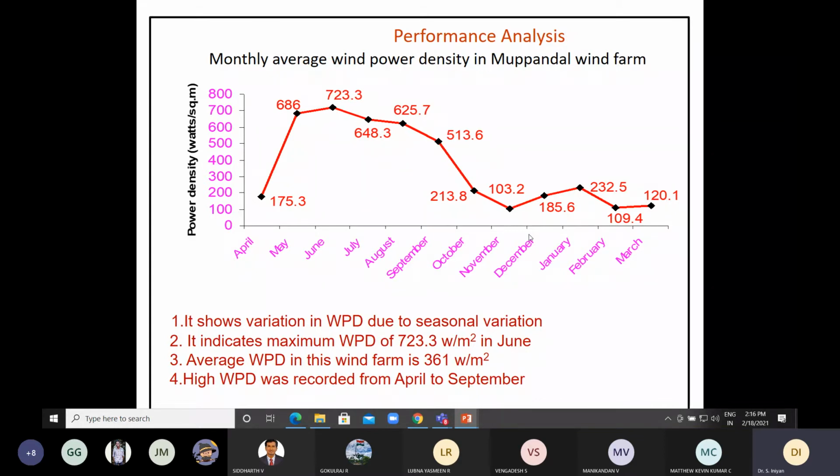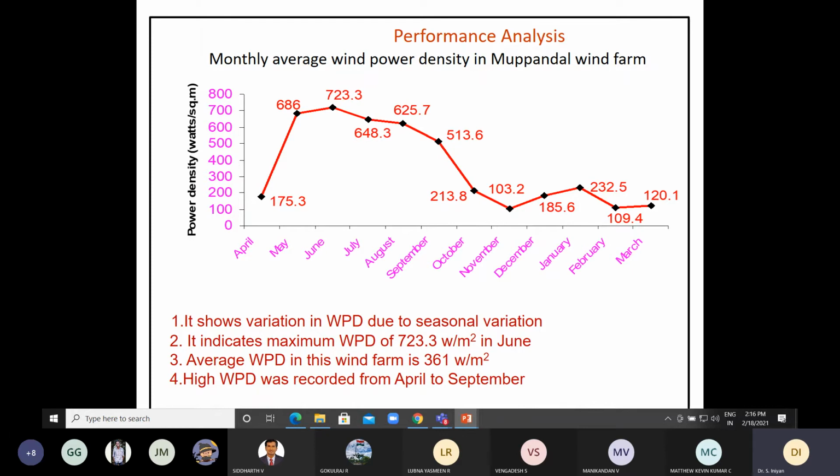At the end of November and December it decreases, and gradually it may increase again, and this shows it varies from month to month. The average wind power density may vary, showing the variations in wind power density due to seasonal variations.